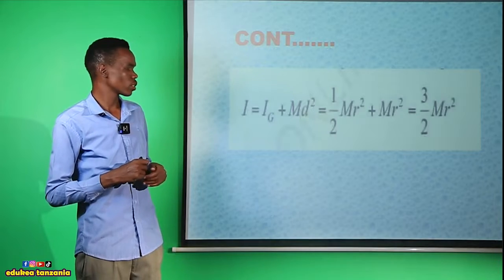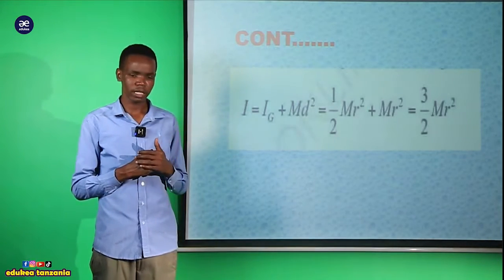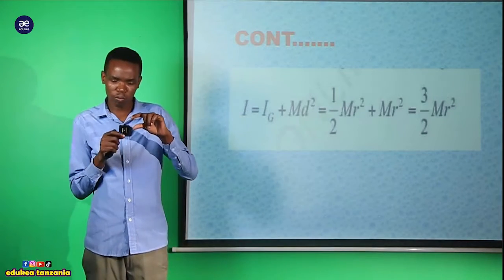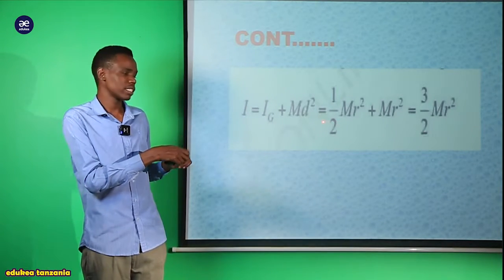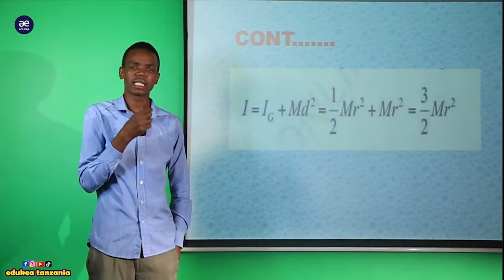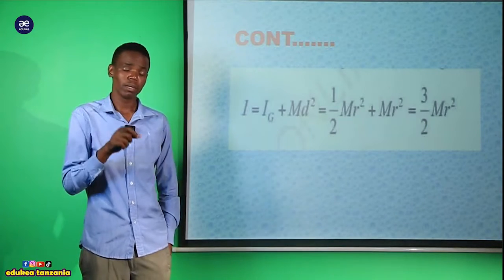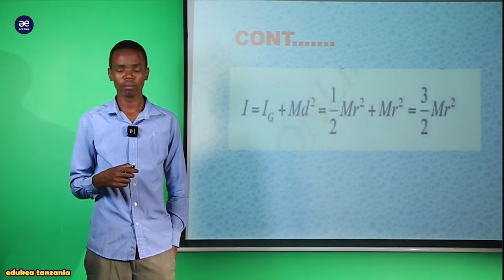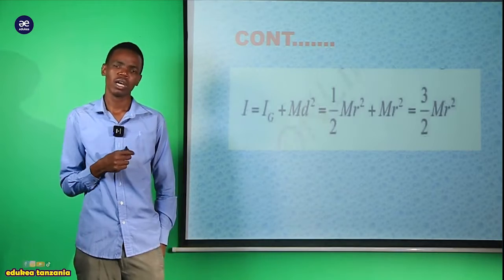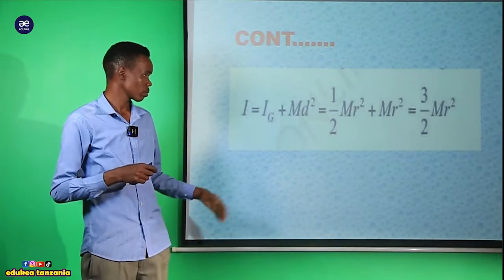If we are talking about a solid cylinder, we demonstrated in our past session that the moment of inertia through the center of this uniform cylinder must be equal to 1/2 mr square. That is what we demonstrated in our past lectures.